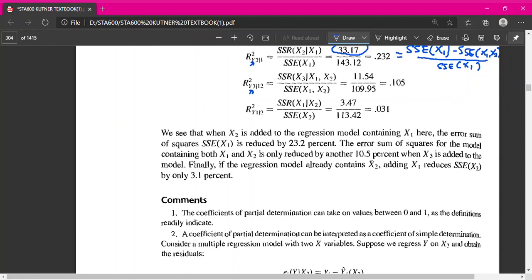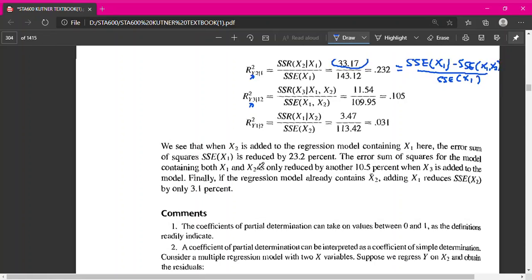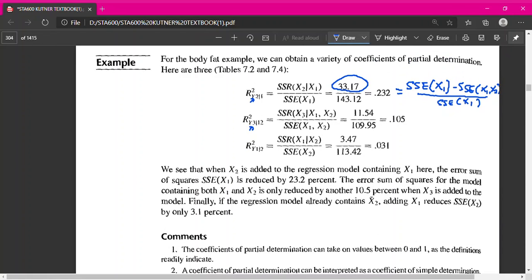Okay, so we see that when x2 is added to the regression model containing x1, x1 dah ada dalam model, the error sum of square, which is the SSE of x1, is reduced by 23.2%. Okay, kita boleh interpret based on the reduction of SSE ataupun the increase of SSR. Remember?